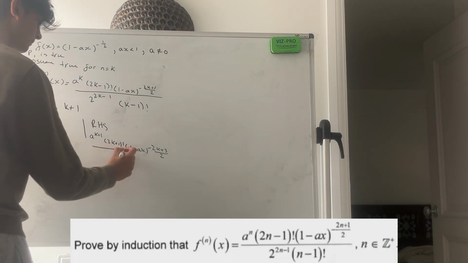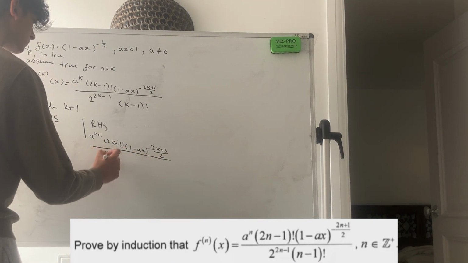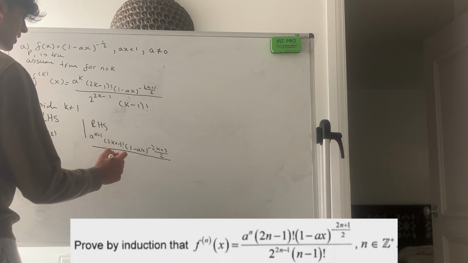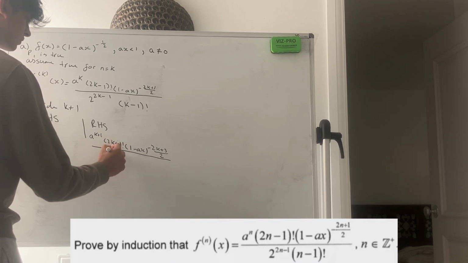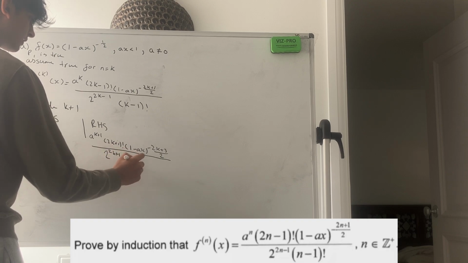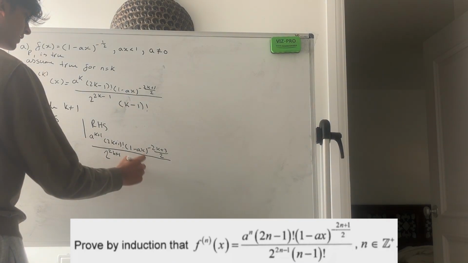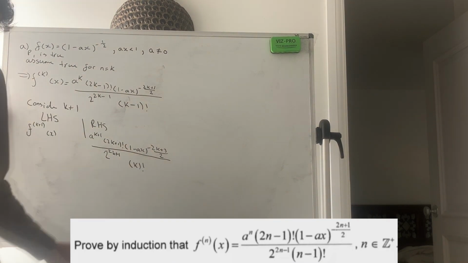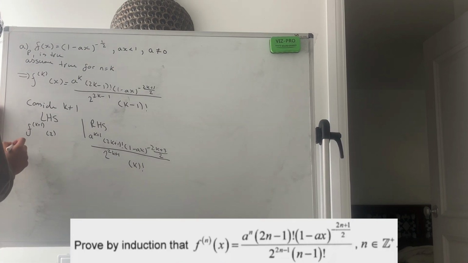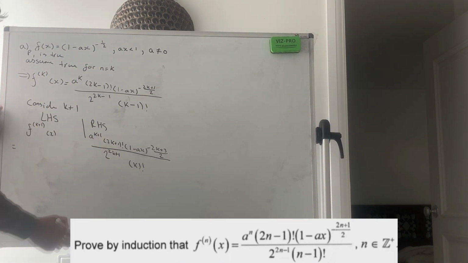Yes. Over 2 to the 2 times 2 to the 2k plus 1, and then k plus 1 minus 1 is simply k factorial. So we want to show that the left hand side, the k plus 1 derivative is equal to this.